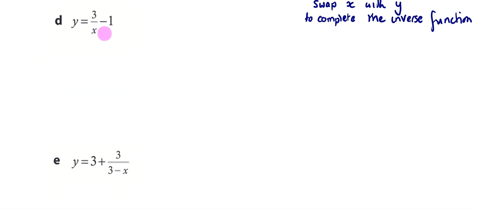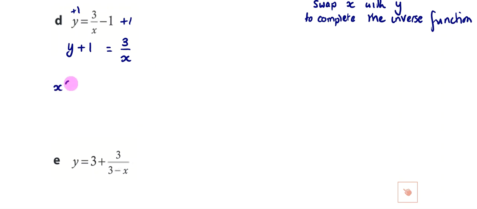So, we've got y equals 3 divided by x minus 1. First step to isolate the x, solve for x, to make x the subject, is to... add 1. Good. So let's add 1 to both sides. We get y plus 1 equals 3 divided by x. Multiply by x.